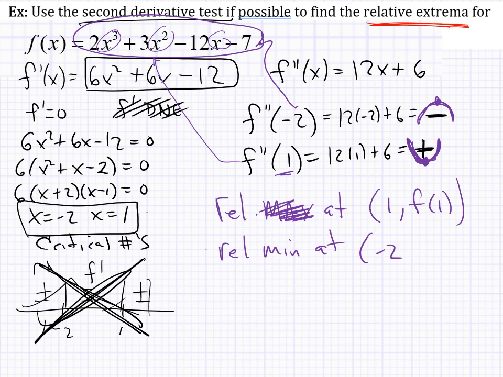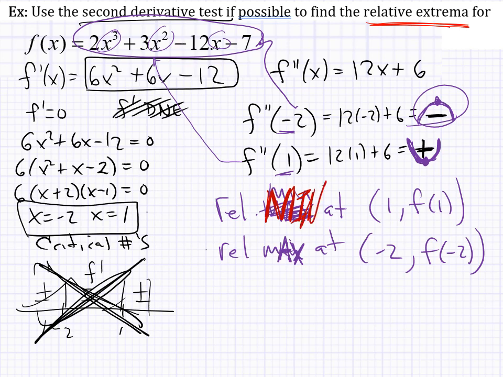This one is actually a minimum. So a relative minimum at 1, f of 1, and a relative maximum at negative 2, f of negative 2. So again, minimum here, and max.